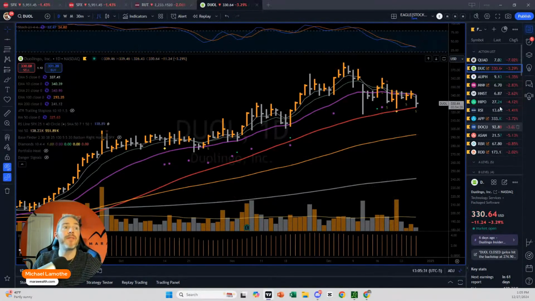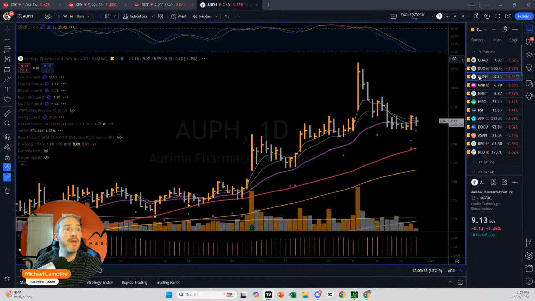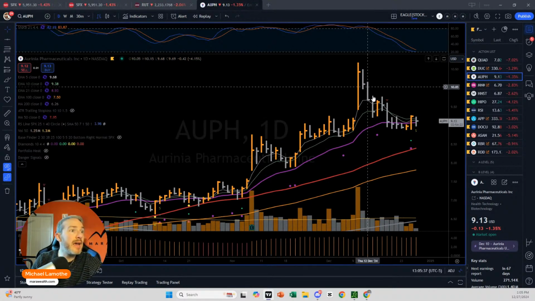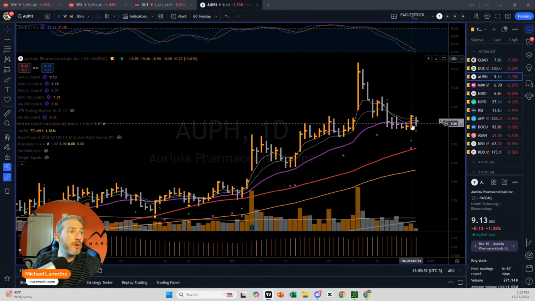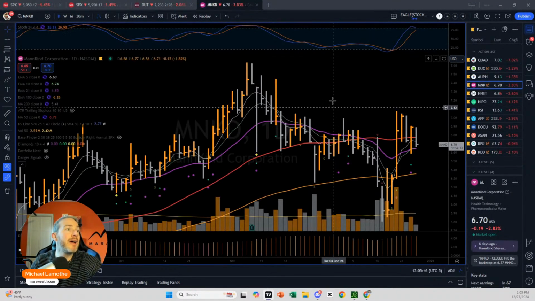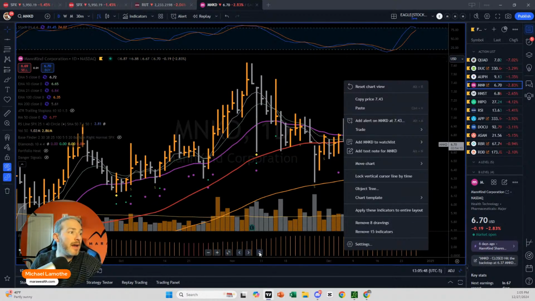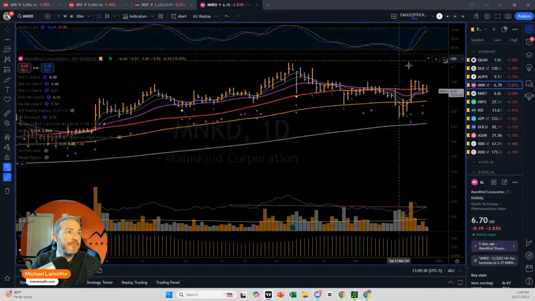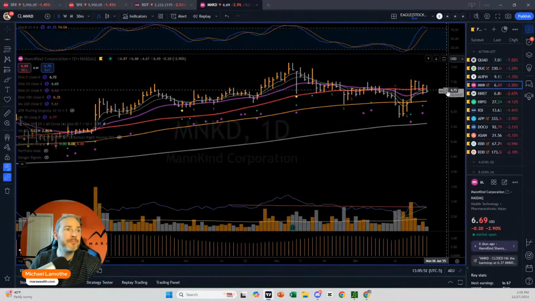Good volume off of the 50-day moving average. This one here in AUPH, consolidating around the 21-day exponential moving average, got some lift yesterday. This one here in Mankind was forming a double bottom with a handle. Lots and lots of setups.